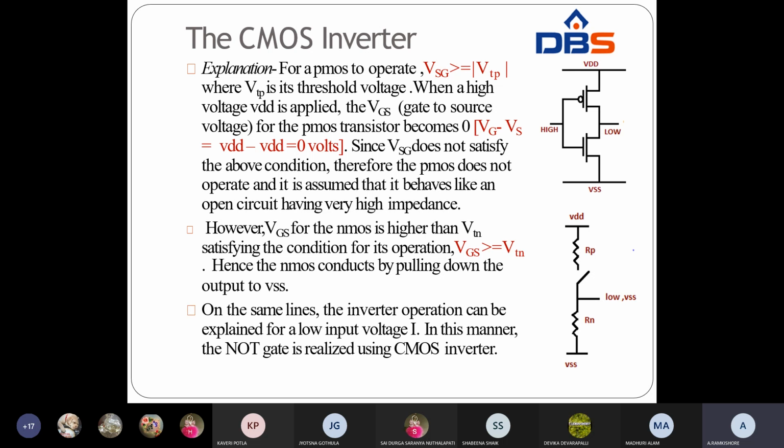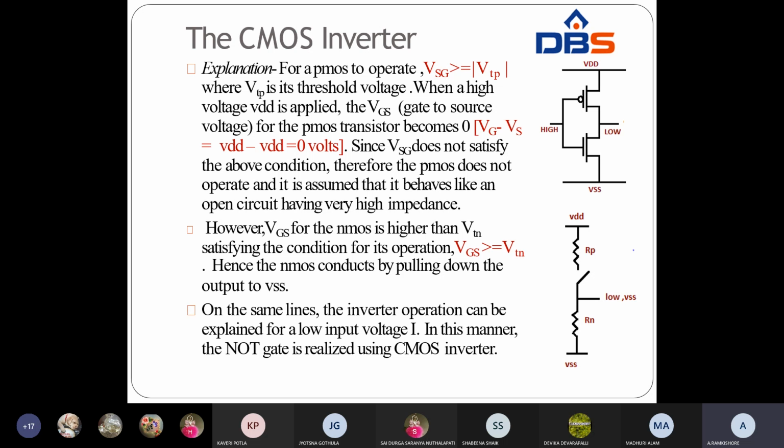So VSG does not satisfy the above condition. Therefore the PMOS does not operate, and it is assumed to behave like an open circuit, because it will have a high impedance.